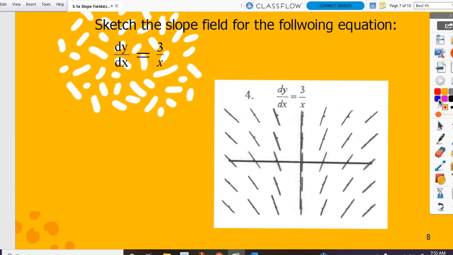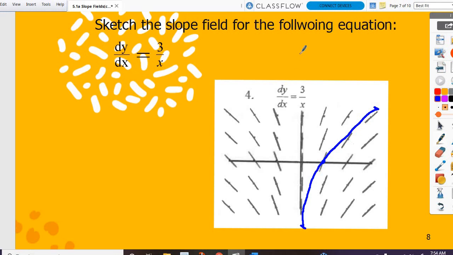Again, notice that if I take a point, so let's say 0, 1, as I come through this point, we're going to come over to the right. And then as I come over to the left, I'm going to get closer and closer to being a vertical line because we're going to have an asymptote there.